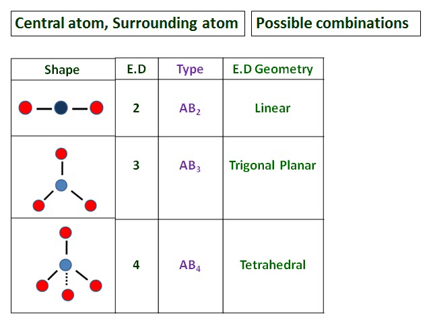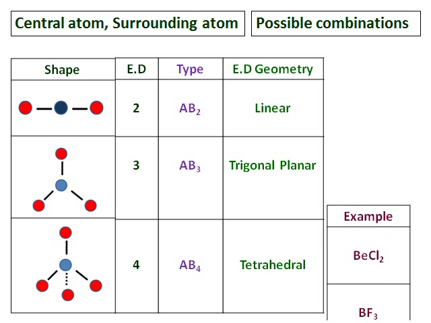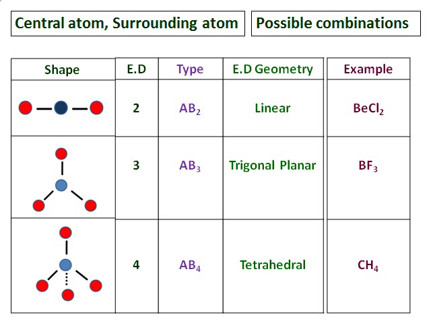An AB2 molecule is always called linear, AB3 is called trigonal planar, and AB4 is called tetrahedral. You need to learn these by heart, and one example for each one is given. A linear molecule is beryllium chloride, BeCl2, trigonal planar is BF3, and tetrahedral is methane, CH4. We'll go ahead and see more types of molecules.